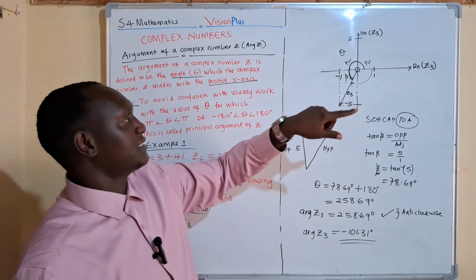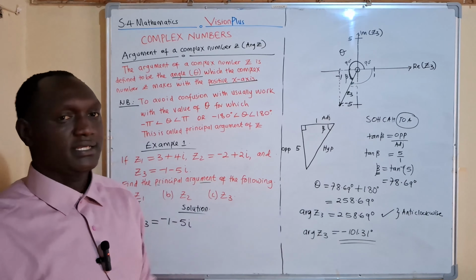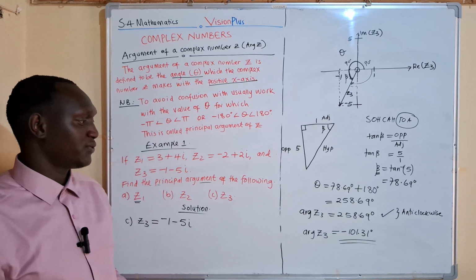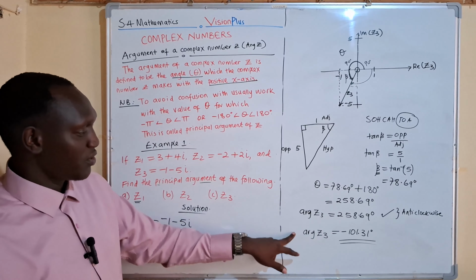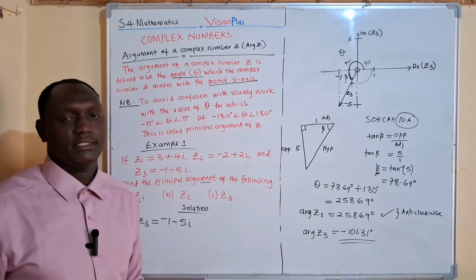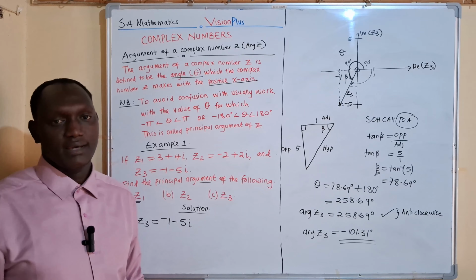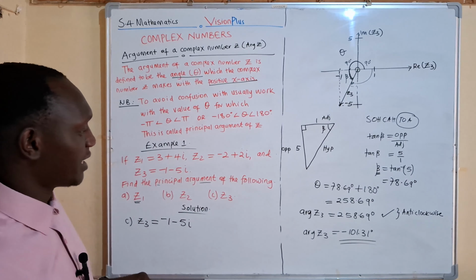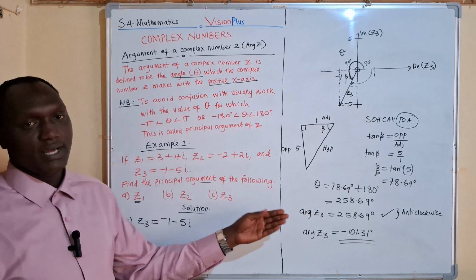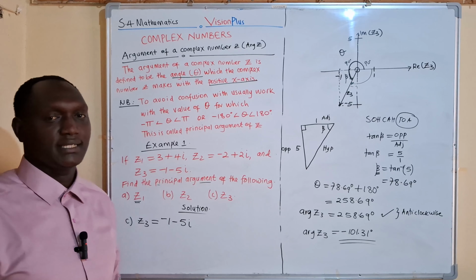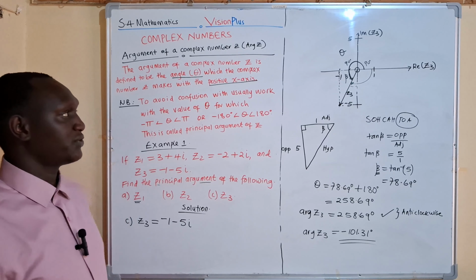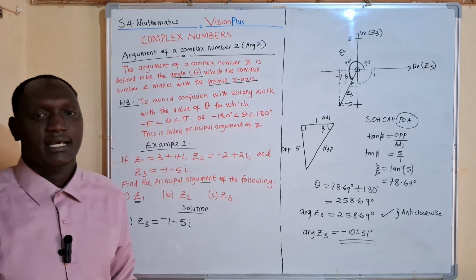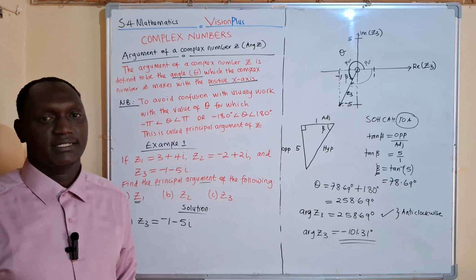But if you are taking it anti-clockwise, it will be positive. So whether you put this or this, they are correct. At this level, we cannot punish you for giving answers in either clockwise or anti-clockwise sense. So this is the solution to example 1 under argument of a complex number. Thank you.